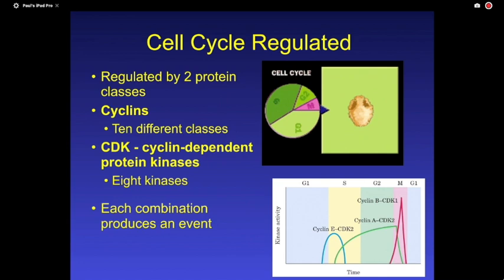Depending upon what is present in the cell at what time, the different combinations will produce different events. So if you see this picture down here, the combination of cyclin E and CDK2 is right between the gap phase 1 and the S phase. And then the concentrations will go up and down to cause changes in those different phases.